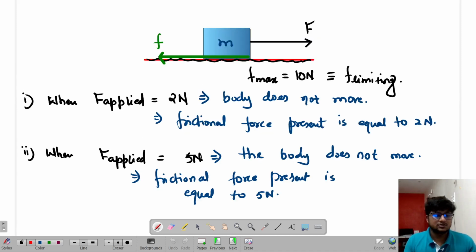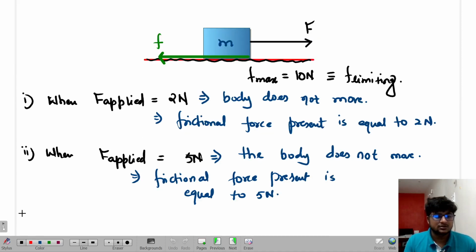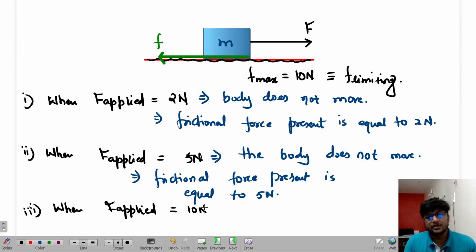Now understand. Third scenario. When F applied is exactly equal to 10 Newton, does the body move or will the body remain at rest?